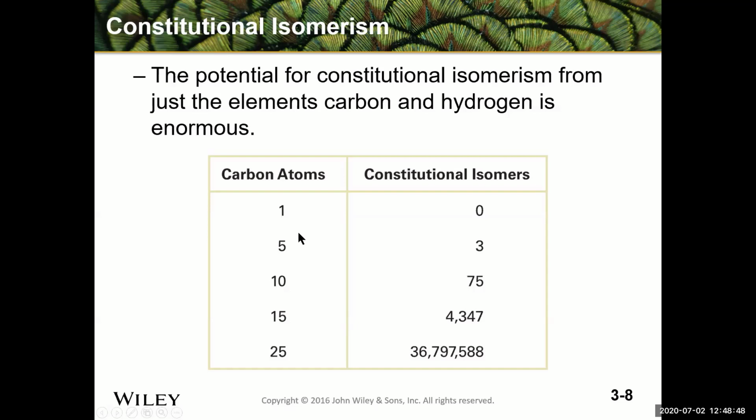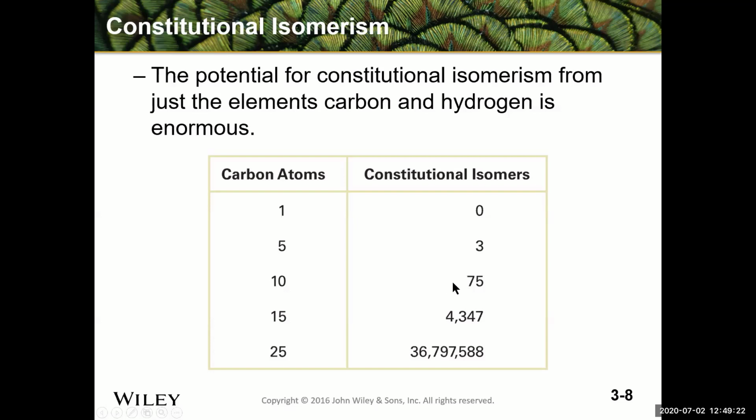Now, if you have 5 carbon atoms, you can have 3 constitutional isomers, and as you go up in the number of carbon atoms, the number of constitutional isomers increases so rapidly because there are so many more combinations of bonding. If you go up to 15, you have over 4,000, and at 25, you have almost 37 million constitutional isomers.